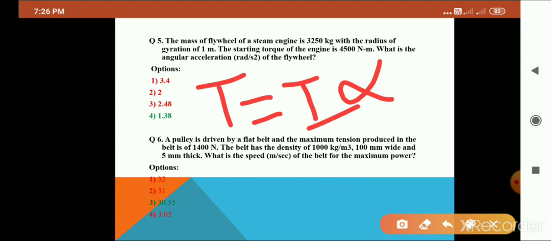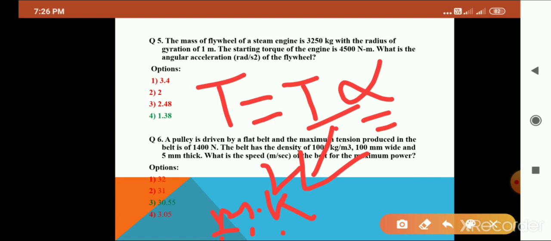I is inertia, so it is also equal to m into k square, where k is the radius of gyration and m is mass, and alpha is angular acceleration.